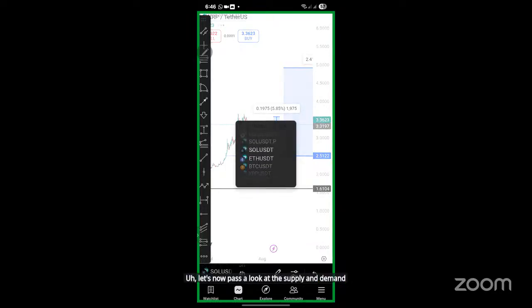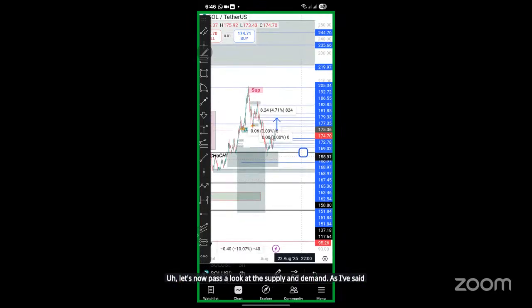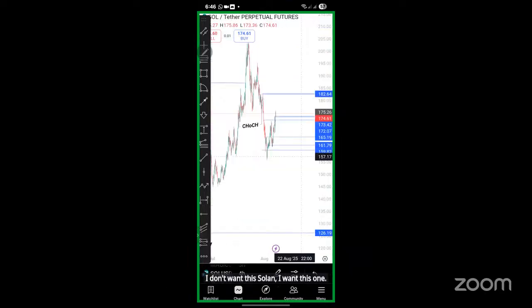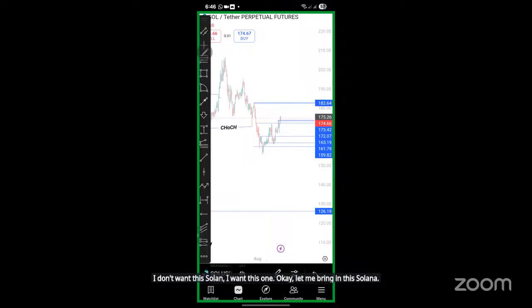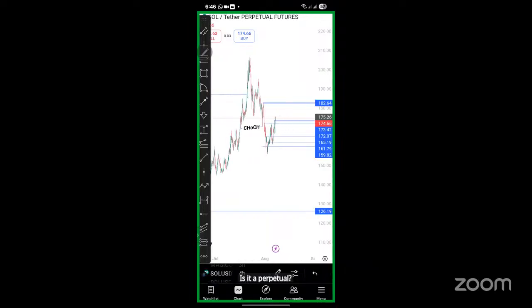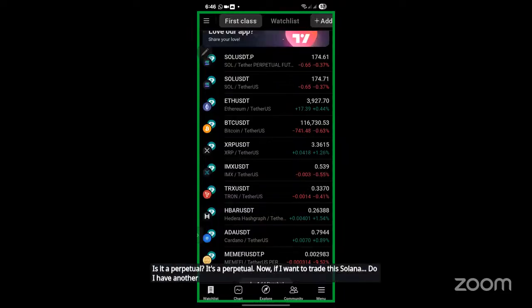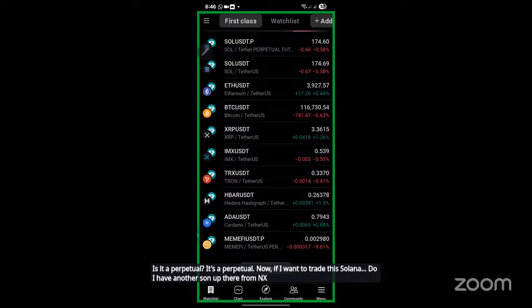As I've said earlier, I don't want this Solana, I want this one. Okay, let me bring in this Solana. Is it a perpetual? Yes, it's a perpetual. Now, if I want to trade Solana, do I have another Solana pair from any exchange? Let me add one.